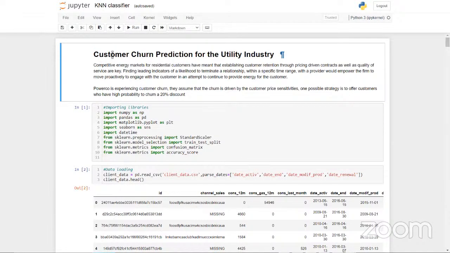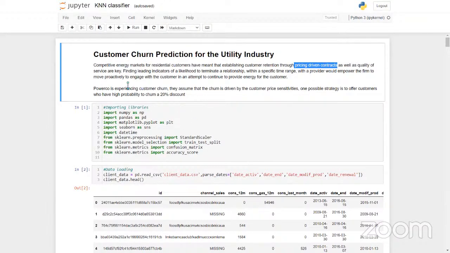Okay, so the topic is customer churn prediction for the utility industry. Here we are seeing that competitive energy markets want their residential customers to be retained. So through various pricing offers and all, they try to retain their customers.